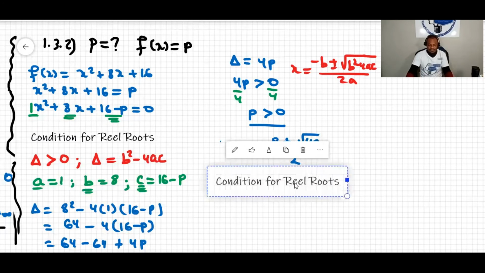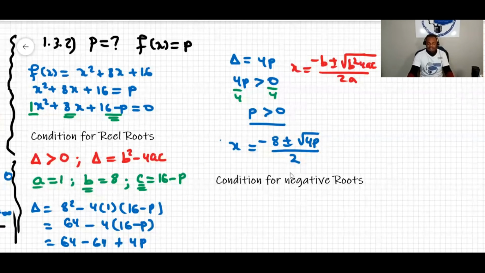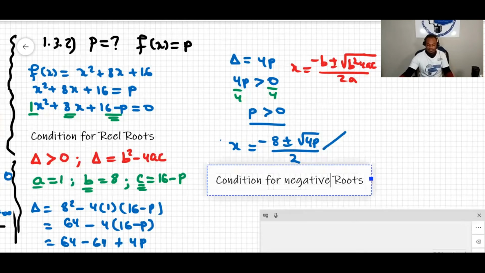For negative roots, excuse me, negative root then. So this will be negative because over here we have two solutions, one with the positive and the other with the negative, okay?